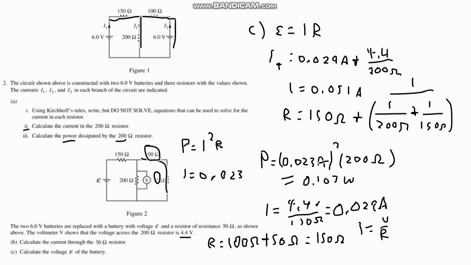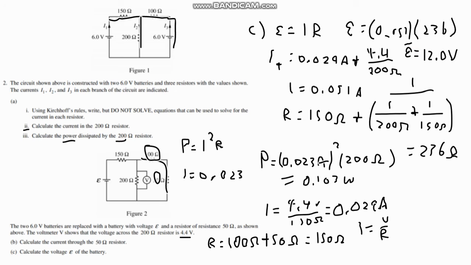And then you put 1 all over that, and we get total resistance is 236 ohms. Now we just plug IT and RT into the equation for voltage, and it's just 0.051 amps times 236 ohms. And we get the voltage of the battery is equal to 12.0 volts.